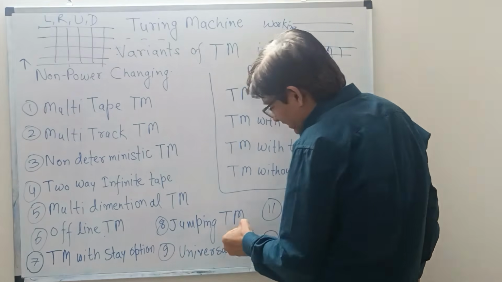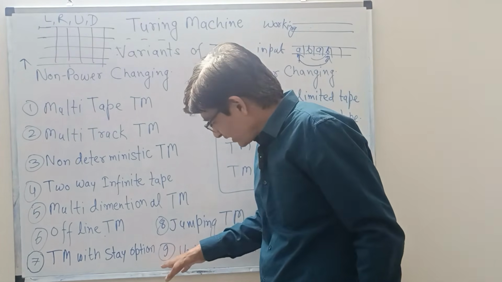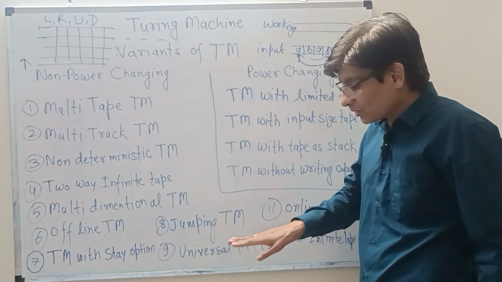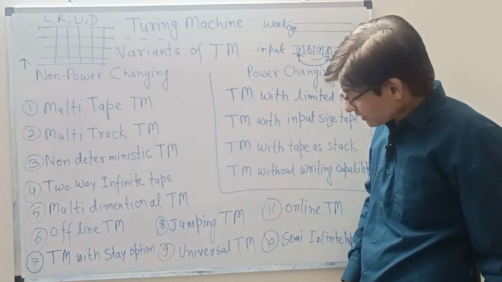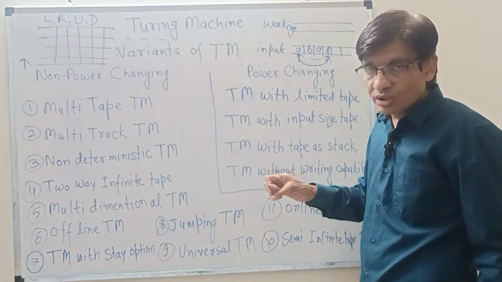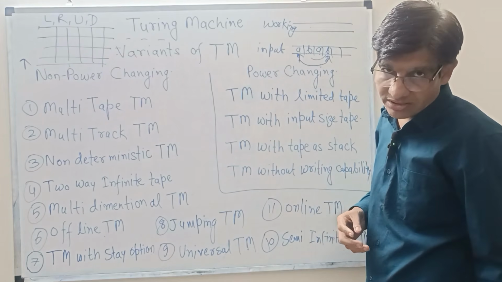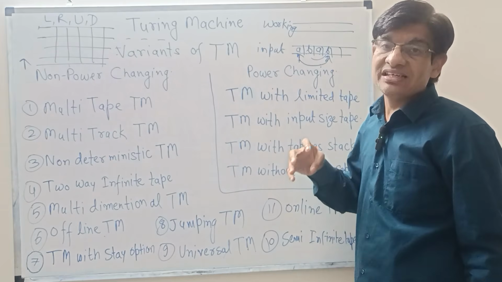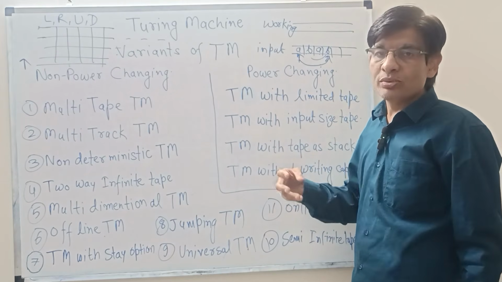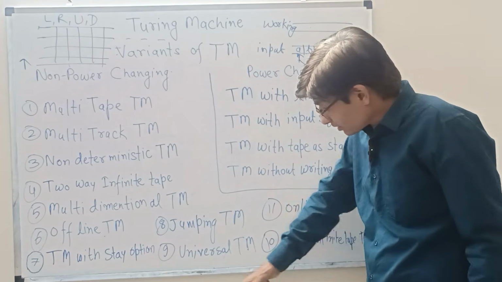Now, the ninth variant is the universal Turing machine. My friends, this is basically a digital computer. As I told you earlier, while we introduced the Turing machine, the Turing machine itself is a computer, and whatever you can do with a computer, you can do with a Turing machine.